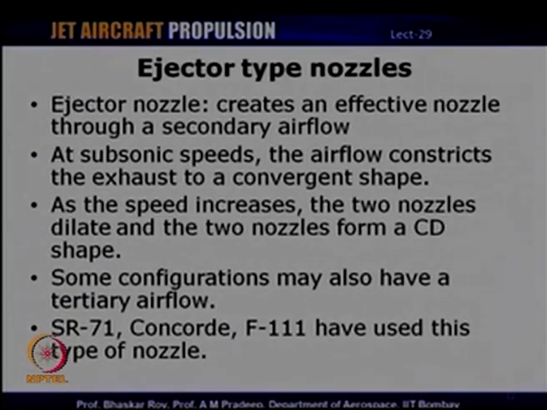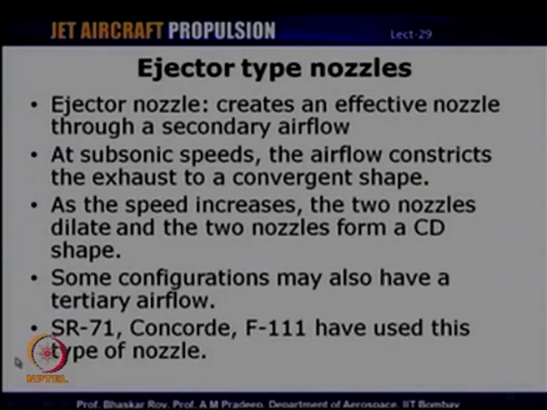And in certain configurations which are a little more complicated, they may also have a tertiary airflow to achieve the same effect. Now, some of the supersonic aircraft which have really used ejector nozzles are the SR-71 or the Blackbird, a picture of which I had shown in one of the earlier classes, the Concorde, which was the only transport aircraft which could fly at supersonic Mach numbers, and the F-111.